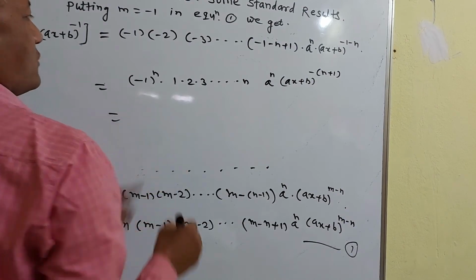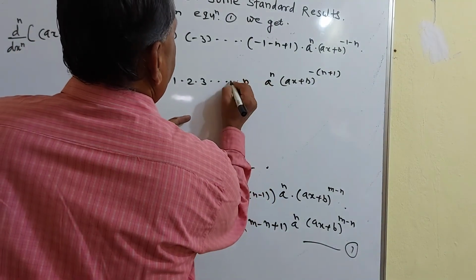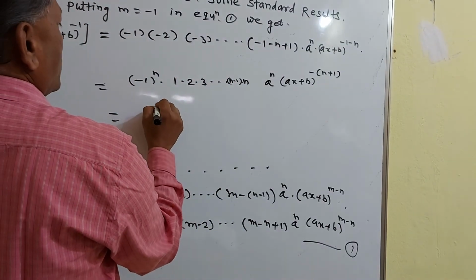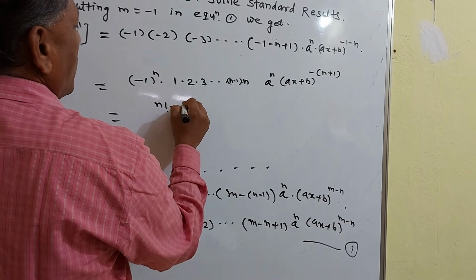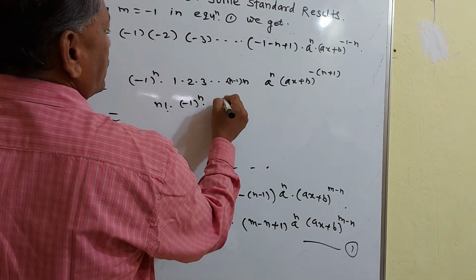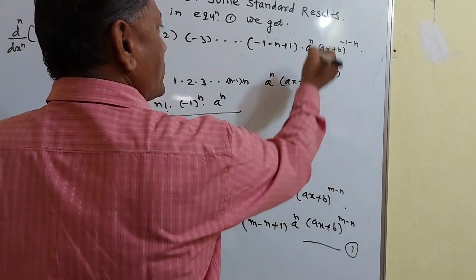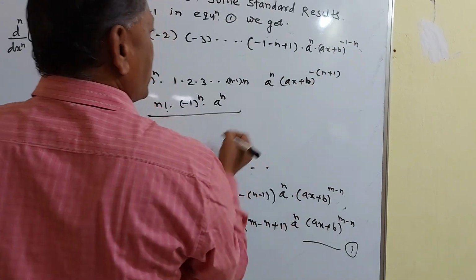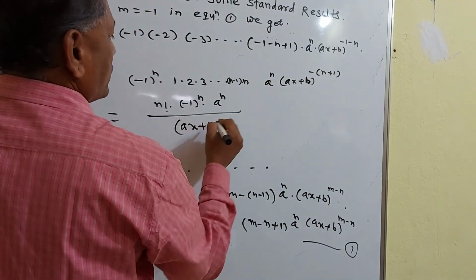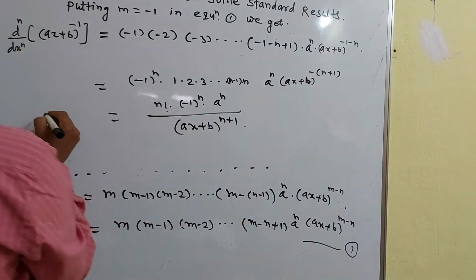So this can be written as 1 into 2 into 3 up to n, meaning the previous term of n is n minus 1, no doubt. So this is the factorial n. Therefore, factorial n into minus 1 raised to n into a raised to n upon ax plus b raised to n plus 1.